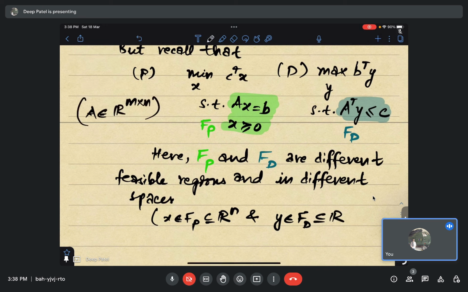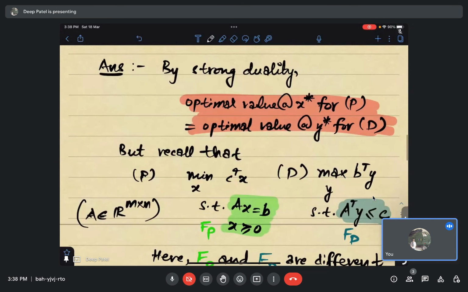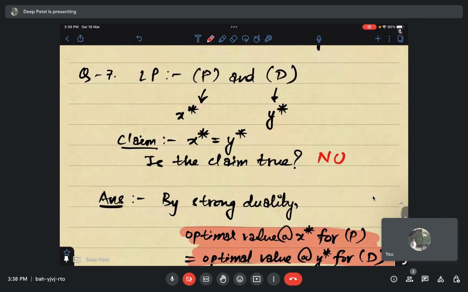Y belongs to FD, which will be some subset of R^m. So it can never be the case that m is equal to n.